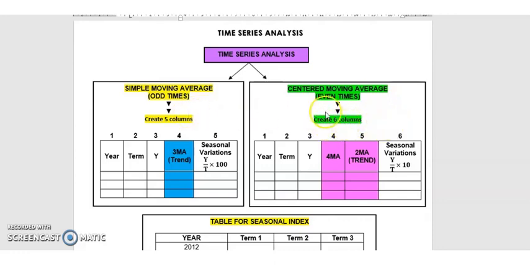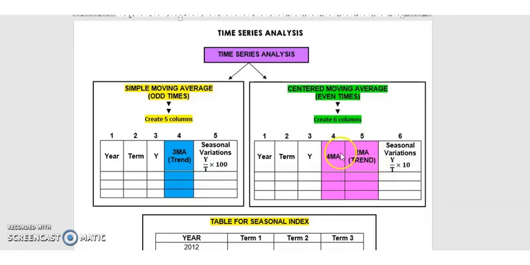The difference between these two is in calculating the trend values. If we have a 3 moving average for simple moving average, the center will be on the second value. For centered moving average, you need to add another column for 2 moving average. So this 2 moving average will be the trend value.